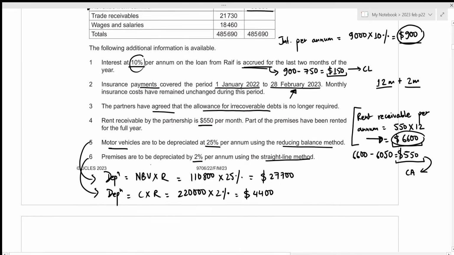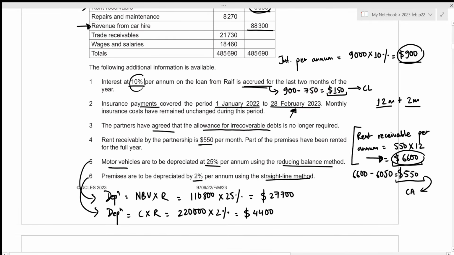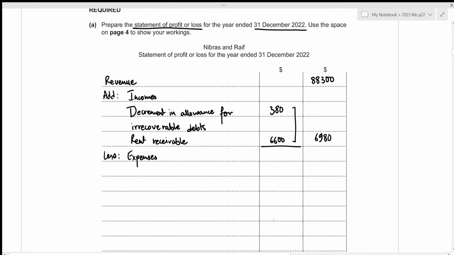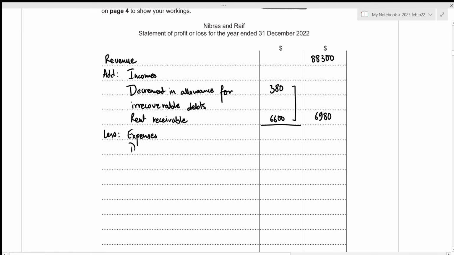All right, so the first expense would be our depreciation on motor vehicles and depreciation on premises. For motor vehicles, it's 27,700, and for premises, it's 4,400.